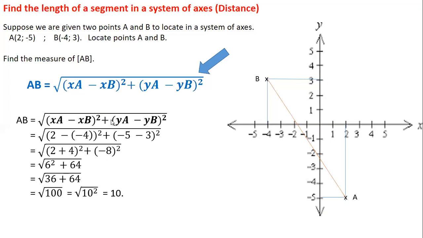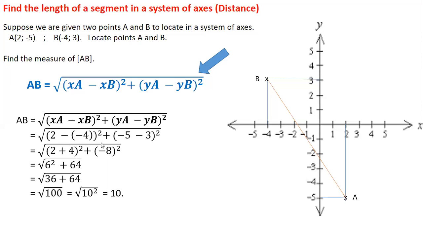What is your question? Fadil, here we are given a point A, 2, minus 5, right? We are given a point B, minus 4, 3. When I replace, the abscissa of A is 2. Any question till here? Minus. The abscissa of B is what, Fadil? Minus 4. Because we have a minus and a minus, I should put it in between parentheses because it's negative.